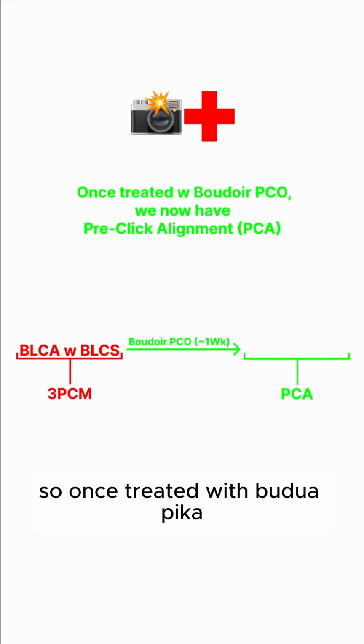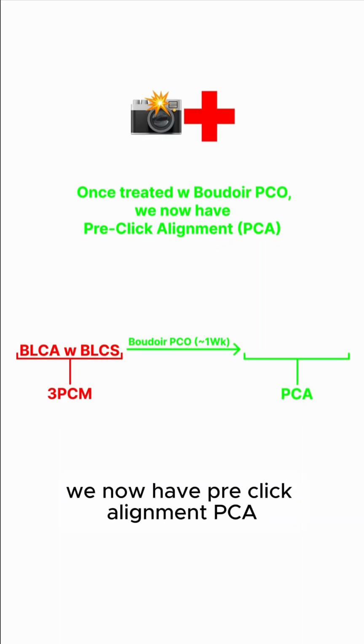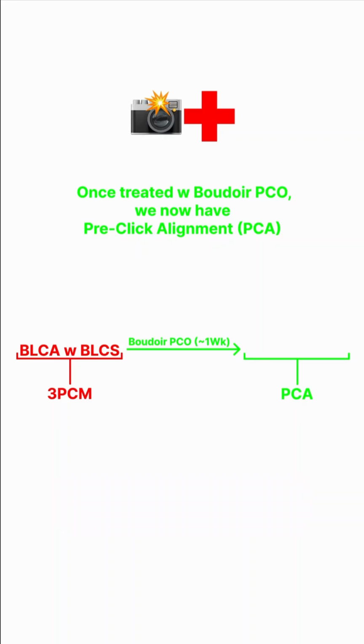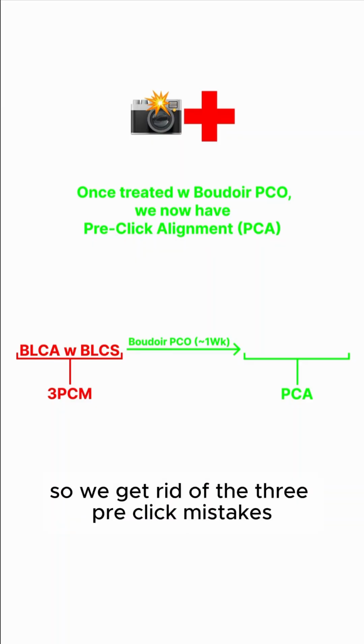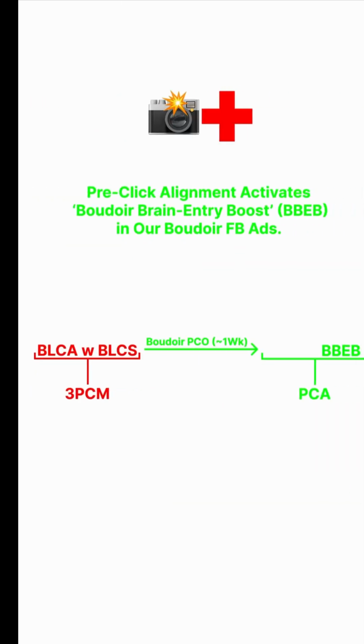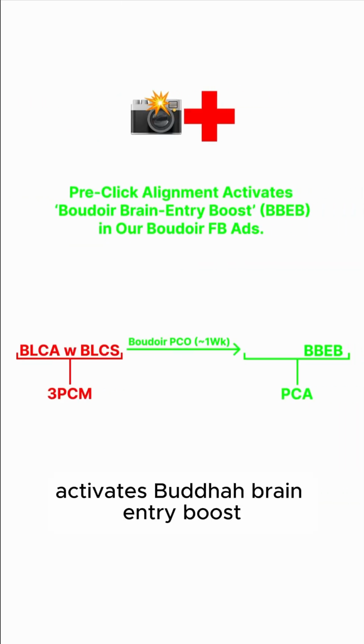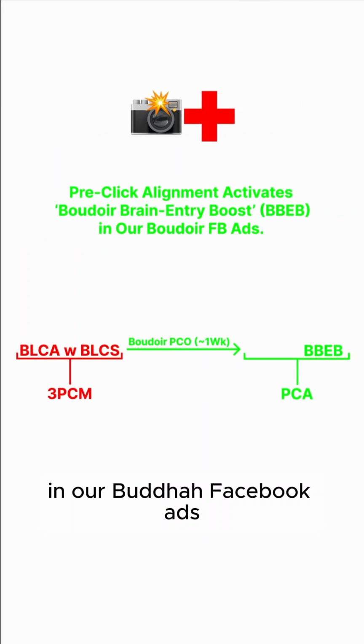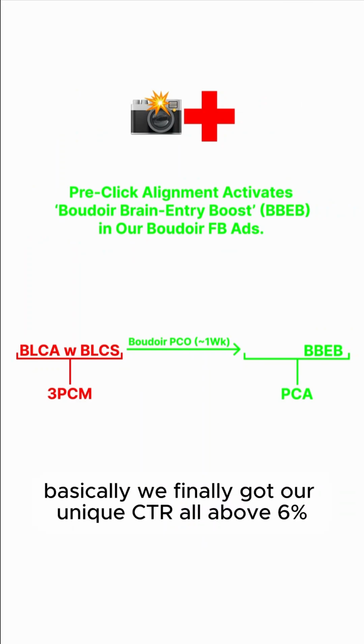So once treated with Boudoir Pico, we now have pre-click alignment, PCA. So we get rid of the 3 pre-click mistakes. We achieve PCA, pre-click alignment. Pre-click alignment activates Boudoir brain entry boost in our Boudoir Facebook ads. Basically, we finally got our unique CTR above 6%.